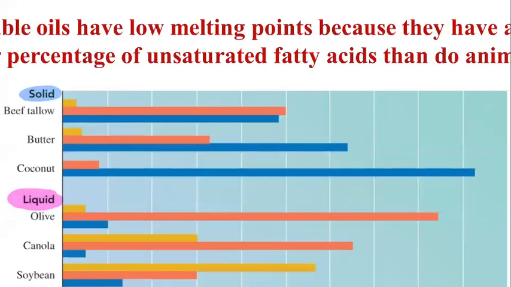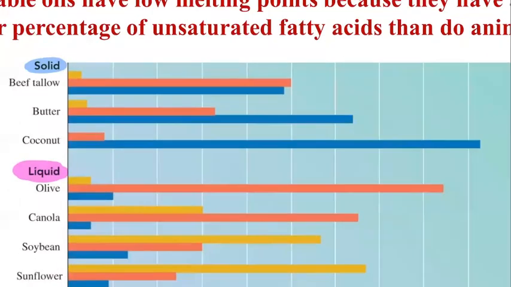Those three substances happen to be solid at room temperature. When we look closely at the bar graph, what they have in common is a large blue bar, or in the case of beef tallow, something kind of half and half between the blue and the orange.